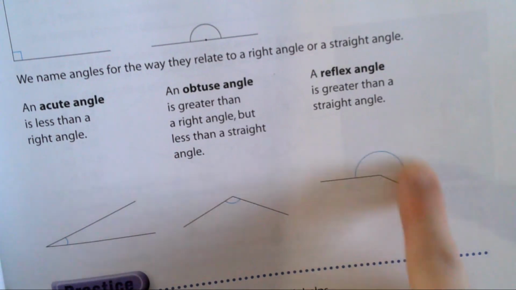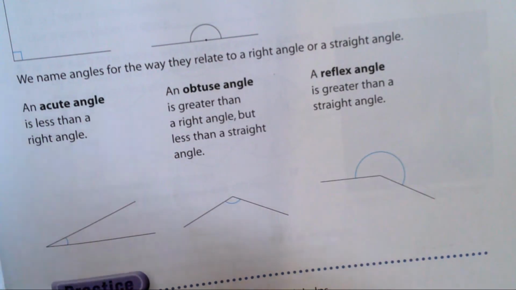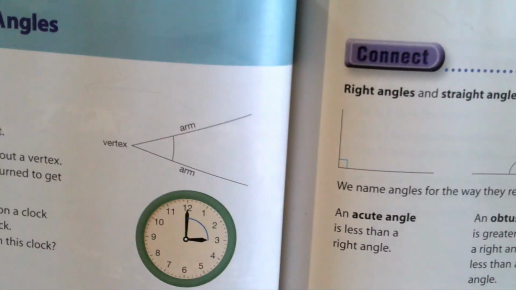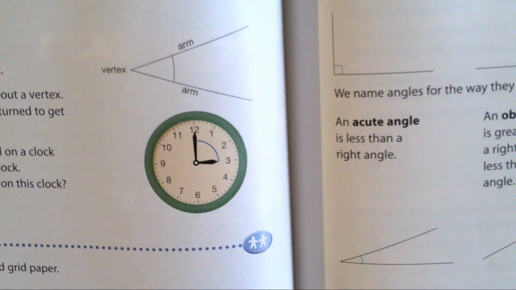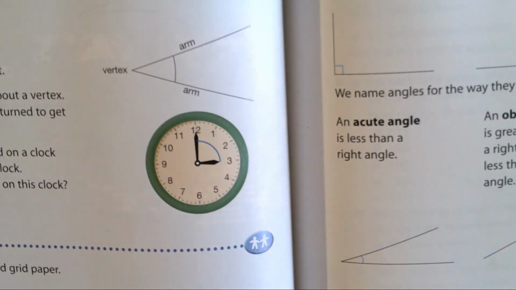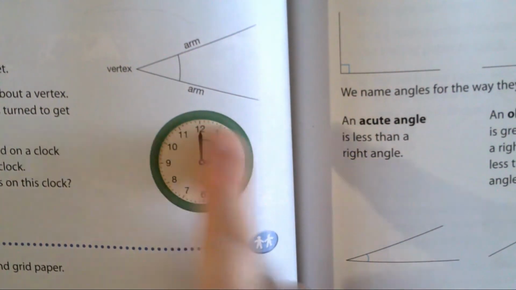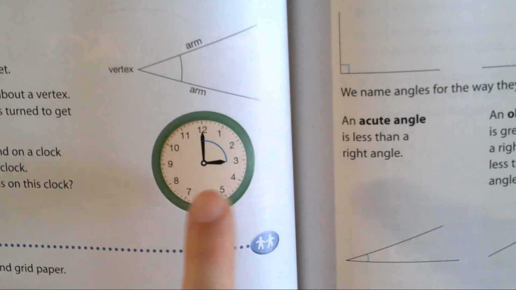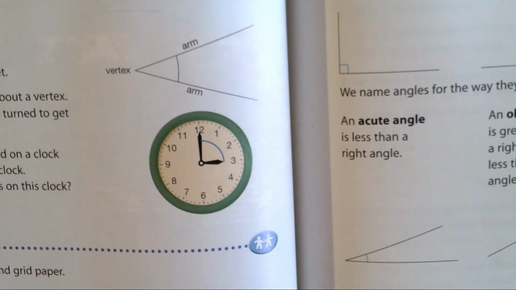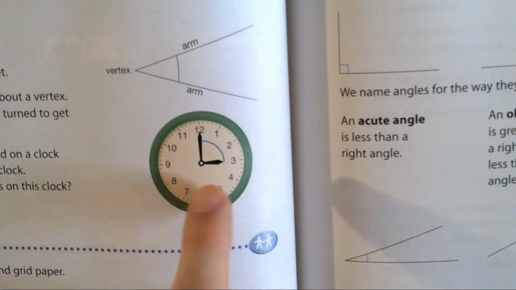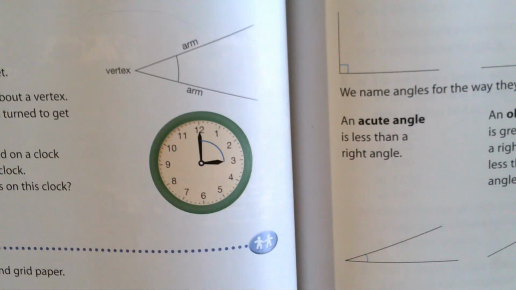So now that we know all that information, let's go back over to this one on the clock. Excuse me, let me just adjust that as best as I can. What angle do you think this is? Is it an acute angle, so is it less than 90 degrees? Is it an obtuse angle, which is greater than 90 degrees, but not as far apart as a straight angle?